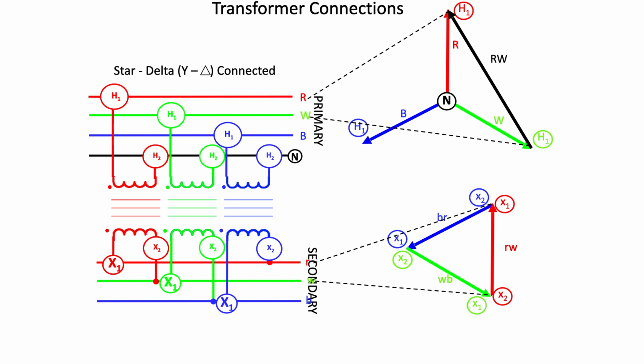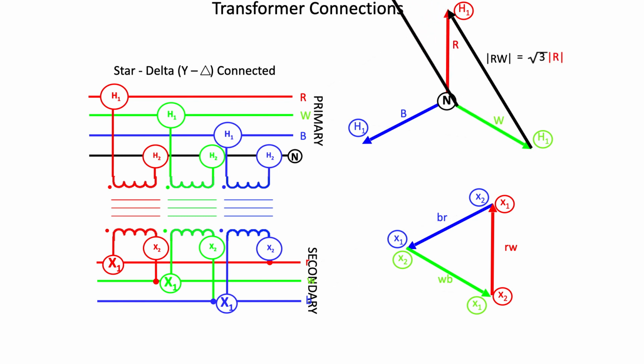Looking at the primary side, the phase relationship tells us that the phase-to-phase voltage is √3 times the phase-to-neutral voltage, and the phase-to-phase voltage leads the phase-to-neutral voltage by 30 degrees.